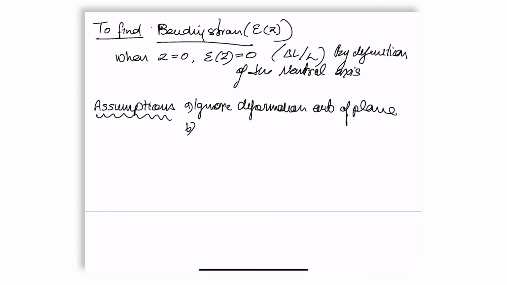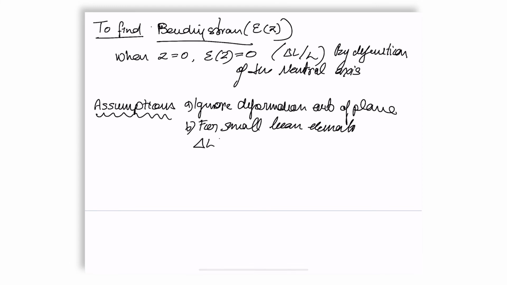For small beam elements, bending is likely to result in positive or negative delta L deformation, meaning to say, because it is above or below.